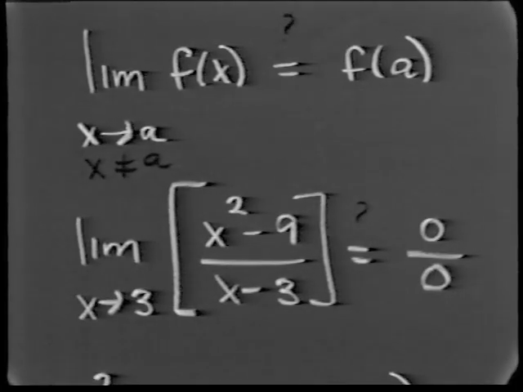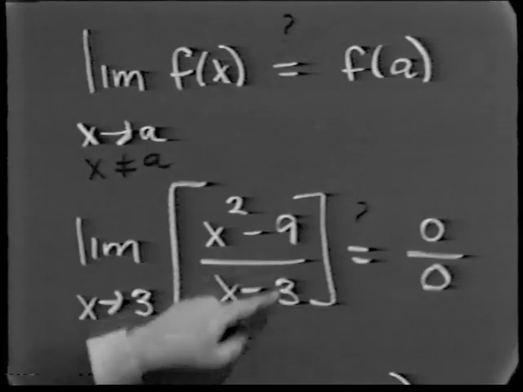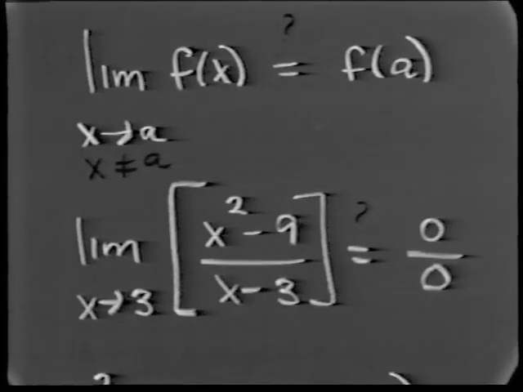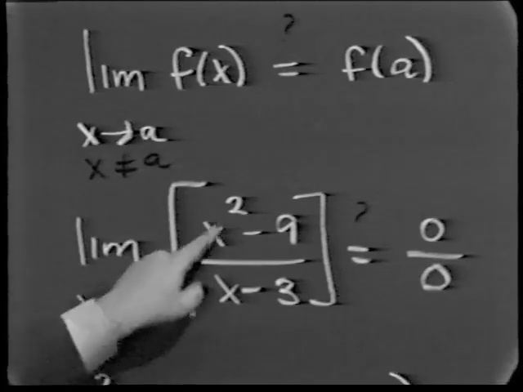And just to give you a quickie, one that we talked about in our introductory lecture, consider the function f of x to be x squared minus 9 over x minus 3. And let's evaluate what this limit is as x approaches 3. If we were to blindly assume that all we have to do is replace x by a, that would mean what here?